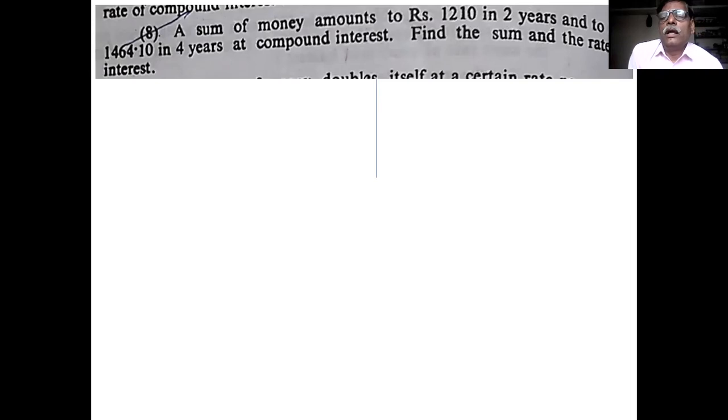Find the sum and the rate of interest. This is the question.